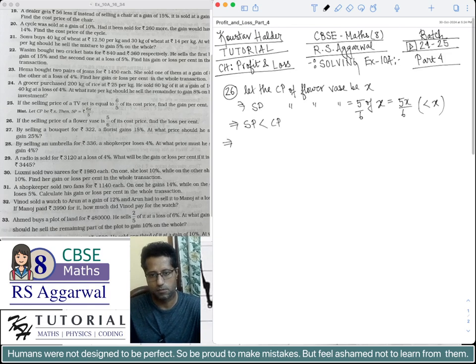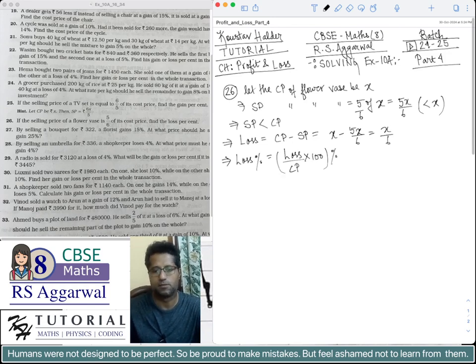This implies loss, we know, is equal to CP minus SP, which is equal to x minus 5x by 6. This is equal to x by 6. This implies loss percent is equal to loss by cost price multiplied by 100, this much percentage.